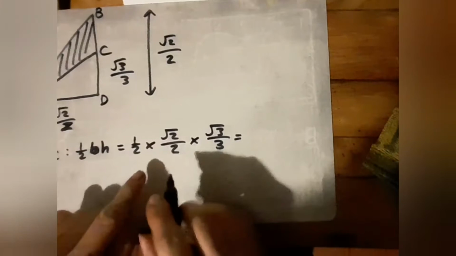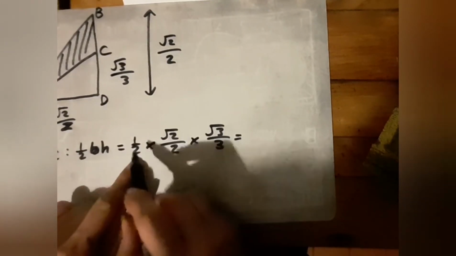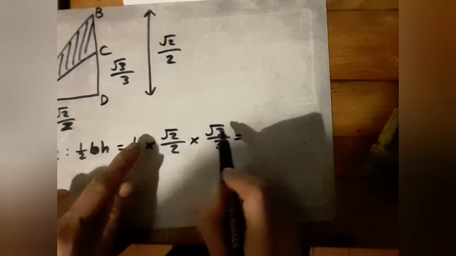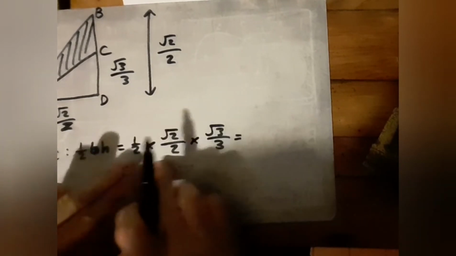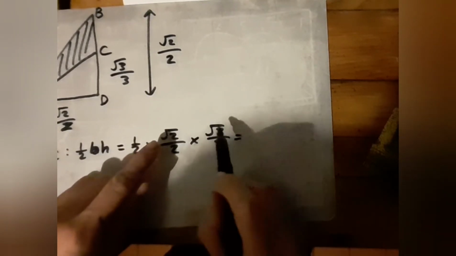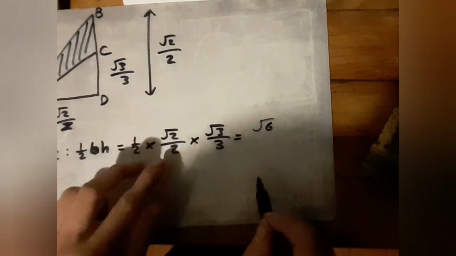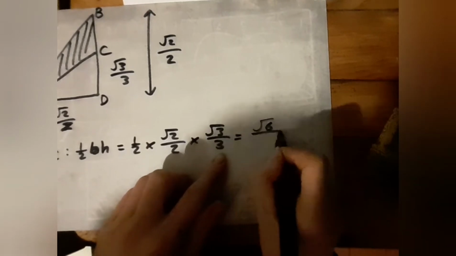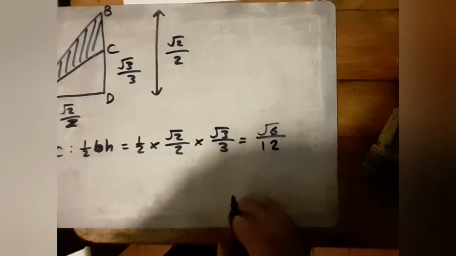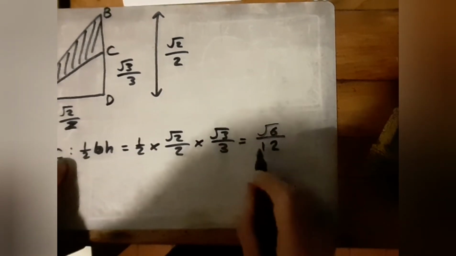So in other words, if we're multiplying fractions, we're just multiplying the numerator sections and the denominator sections separately. So 1 times √2 times √3 is √6, then 2 times 2 is 4, and 4 times 3 is 12. So the area of ADC is √6 over 12.